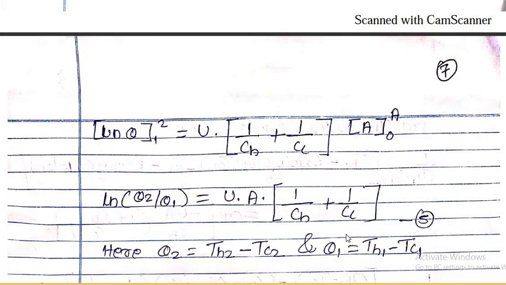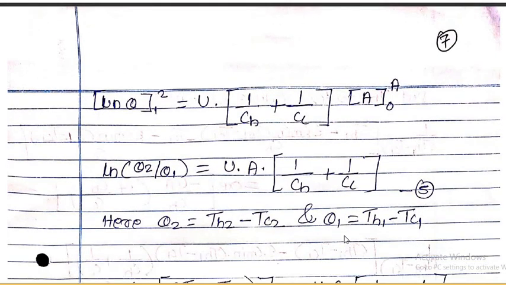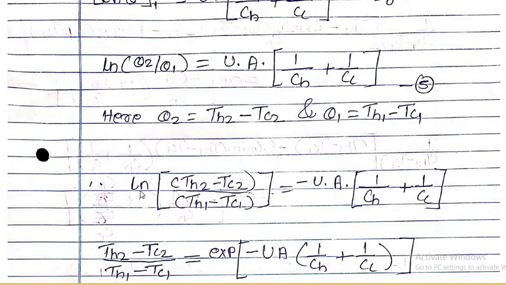Here we have to resubstitute the values of theta 1 and theta 2. We know that theta 2 is nothing but T_h2 minus T_c2, and theta 1 is nothing but T_h1 minus T_c1. Put these values in this particular equation. So we will get the equation ln of (T_h2 minus T_c2) divided by (T_h1 minus T_c1) is equal to minus U multiplied by A into bracket 1 upon C_h plus 1 upon C_c.